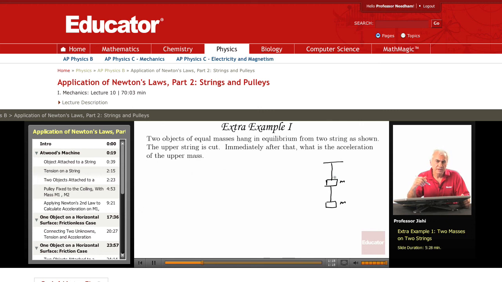Before we cut the string, what forces act on the masses? If I draw a free body diagram for the lower mass, what do I have? I have mg down. I have the tension up. Let's call this tension T1.